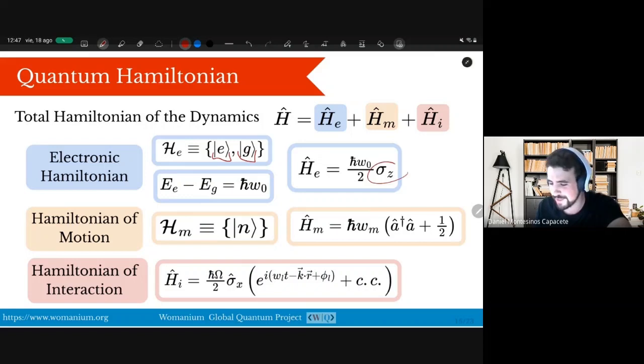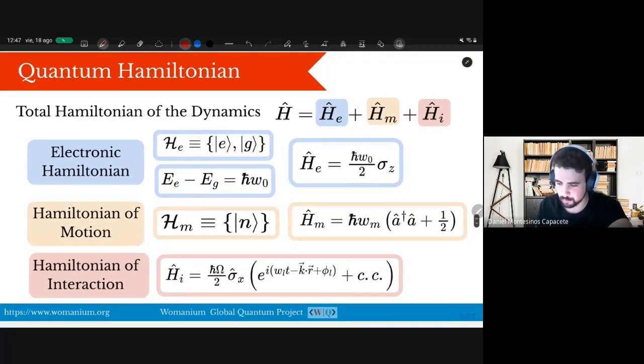And why do we have here the sigma Pauli matrices? It is also maybe difficult to understand, but I cannot go into all the details. That's why I said at the beginning that I know there are a lot of physical things that you may not be understanding, since this needs more physics background. But just try to get the main idea: we are just taking an approximation of two levels in the electronic Hamiltonian, and we are going to be working with that in order to do the calculations.